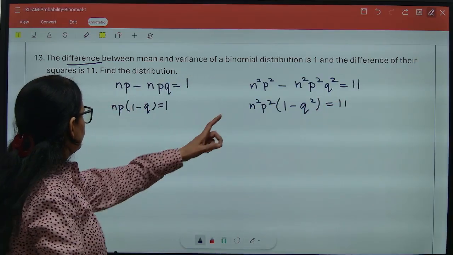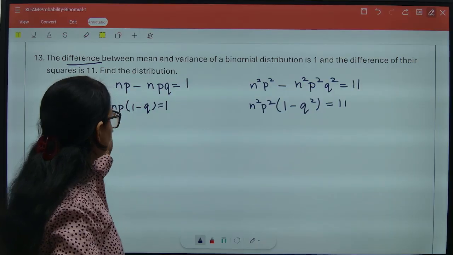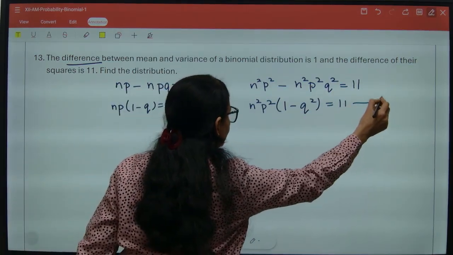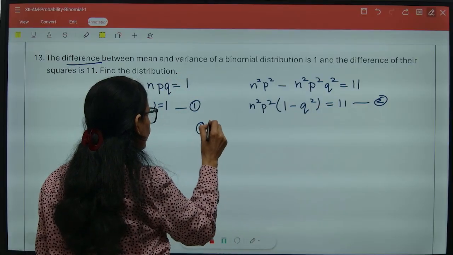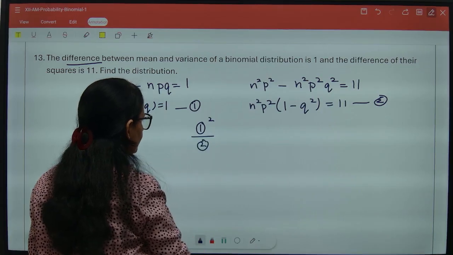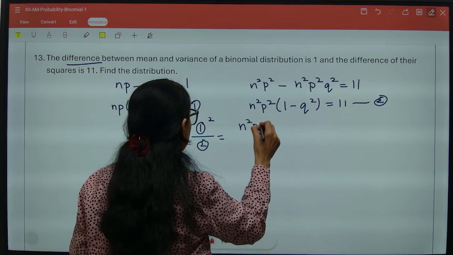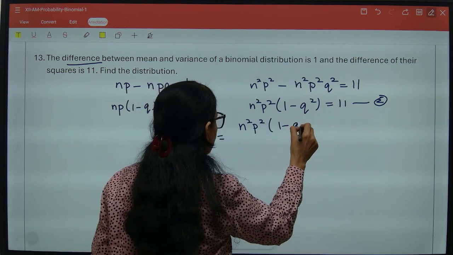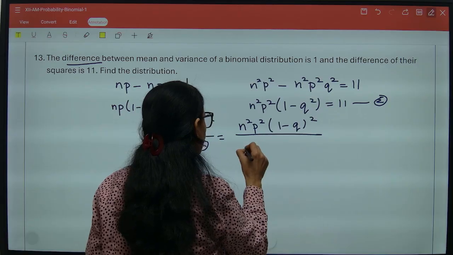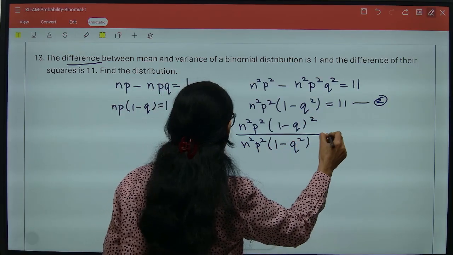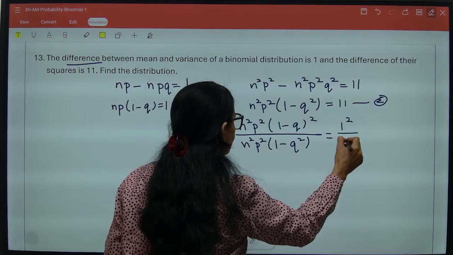Now here, because the powers are 2 and here it is 1 in the first equation, so let's square the first equation and divide it by the second equation. So this becomes equal to n square p square into 1 minus q whole square upon n square p square into 1 minus q square, and this is equal to 1 square upon 11.